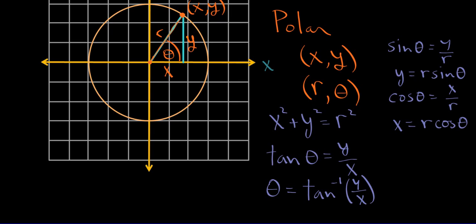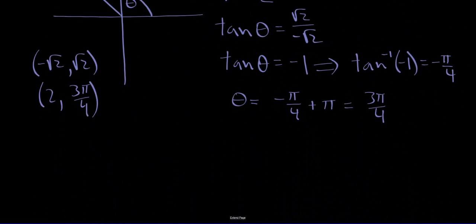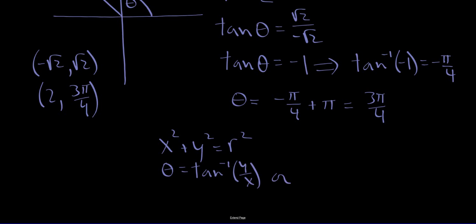So these are relationships that we need to be aware of when we're trying to convert back and forth between rectangular and polar. So let's summarize here. We've got x squared plus y squared equals r squared. We know that theta is equal to inverse tangent of y over x, or theta is equal to inverse tangent of y over x plus pi.